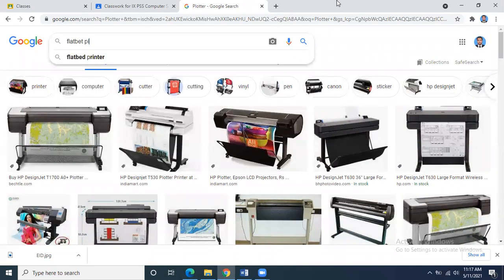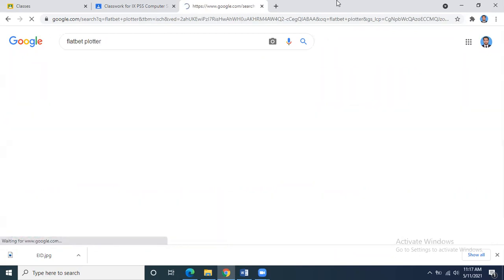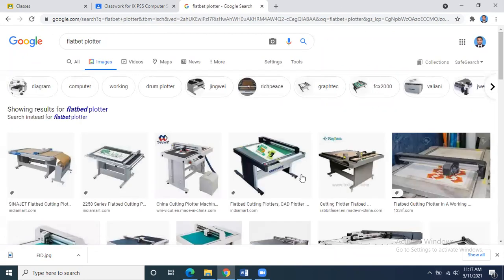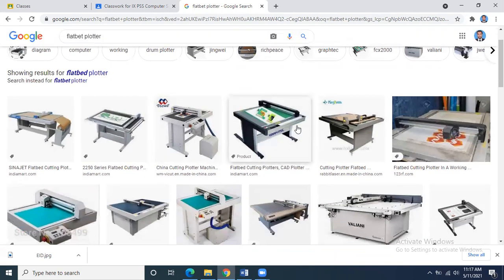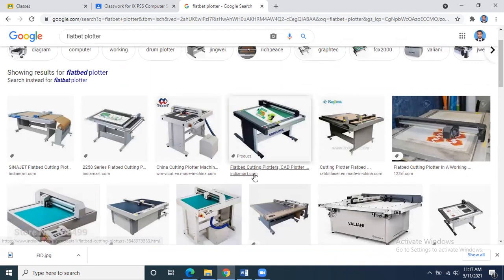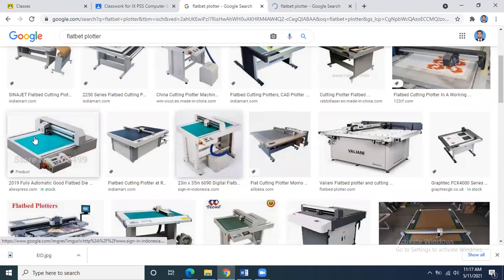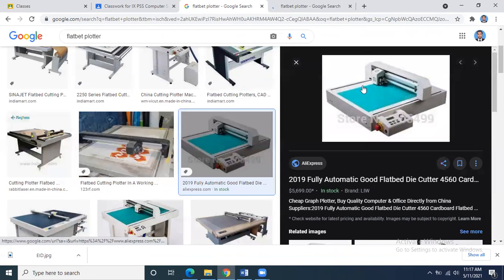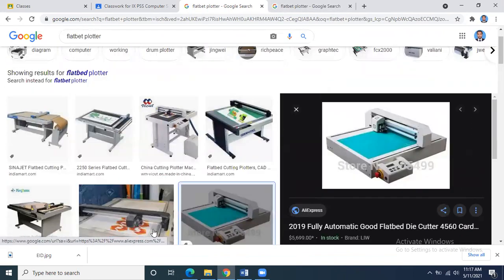Flatbed means the sheet is stationary, and the head moves over it, just like you can see in this image. The head will move on it and print it. This is called a flatbed plotter.